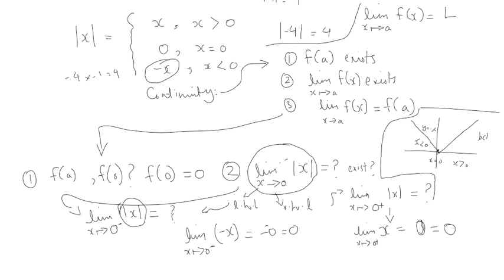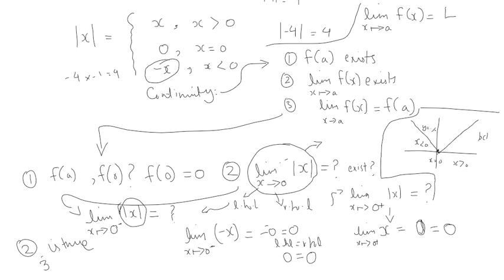Now the amazing thing that's happened over here is that the left hand limit is equal to the right hand limit. So 0 is basically equal to 0, which suggests that the regular limit exists. So the second condition is true, and the limit is basically 0.